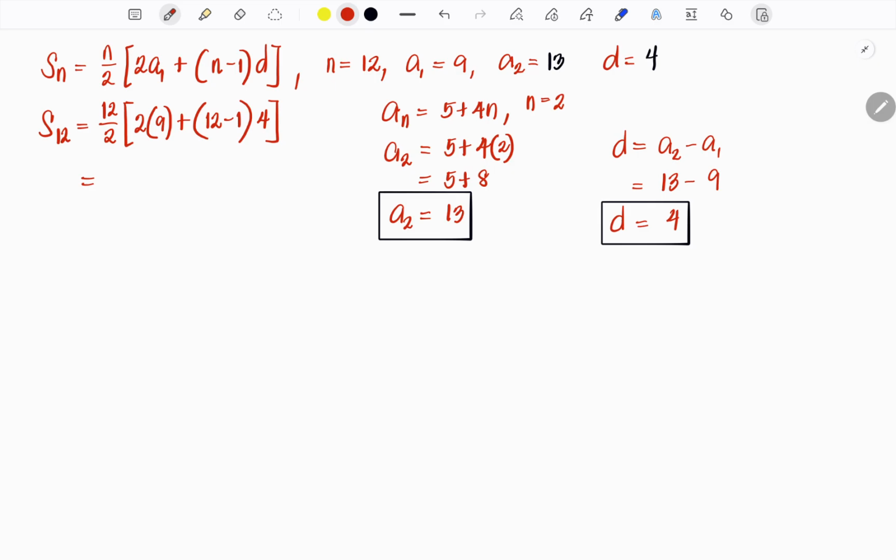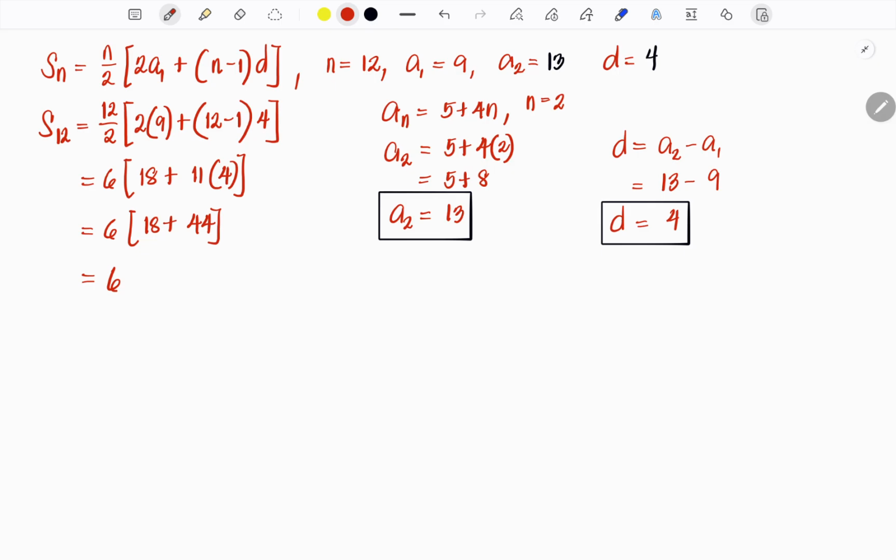And let's simplify this. So 12 over 2 is equal to 6 times 2 times 9 is equal to 18, plus 12 minus 1 is equal to 11 times 4. And simplifying further, we'll have 6 times the quantity 18 plus 44, since 11 times 4 is equal to 44.